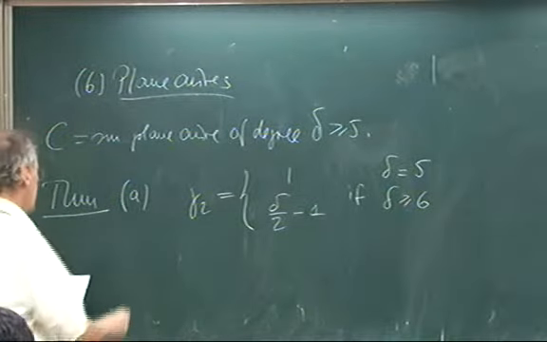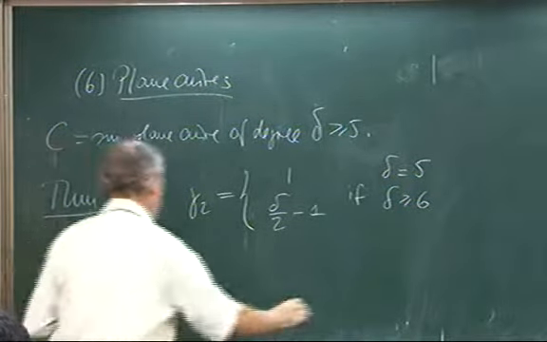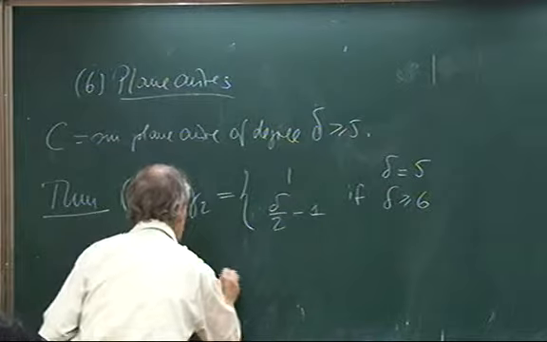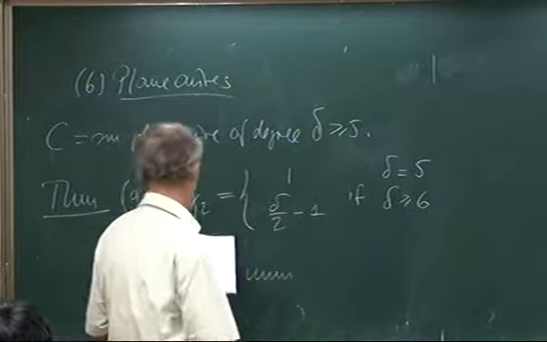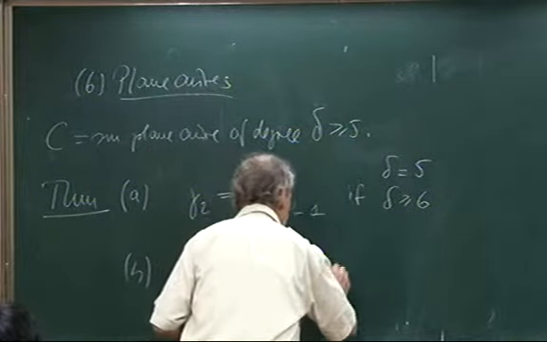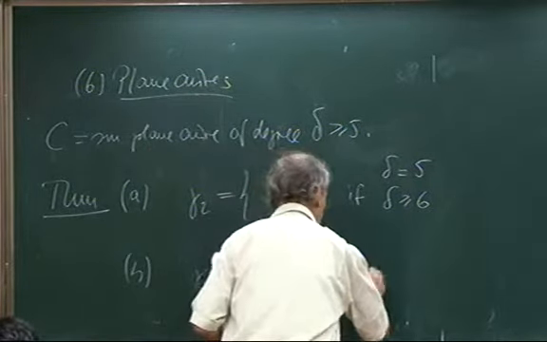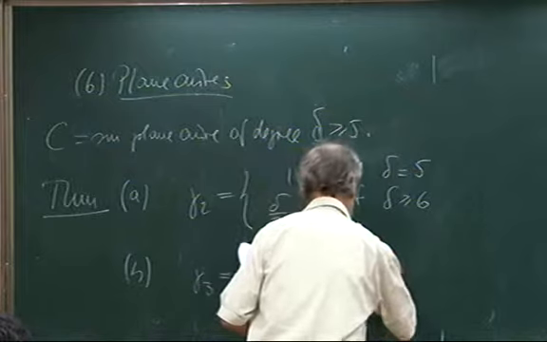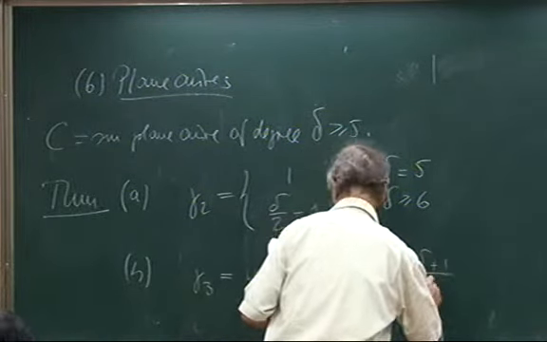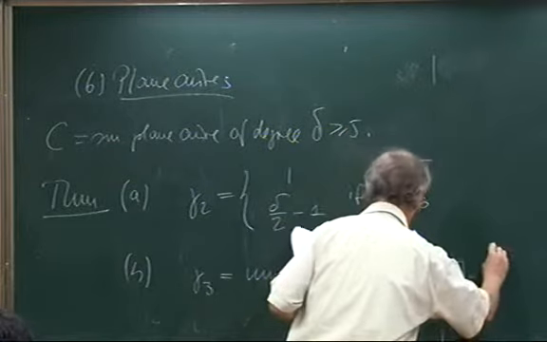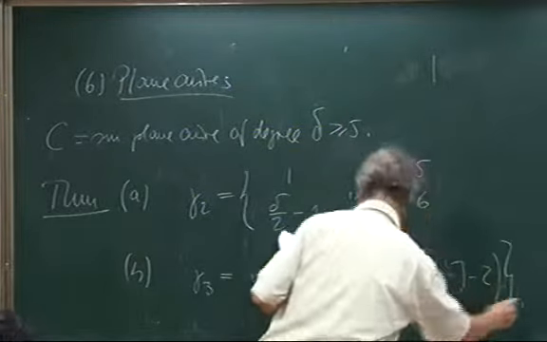Second, gamma 3 is equal to the minimum. Here again we have a minimum: gamma 3 prime, and 1/3 of (3 delta plus 1) over 2 minus 2.